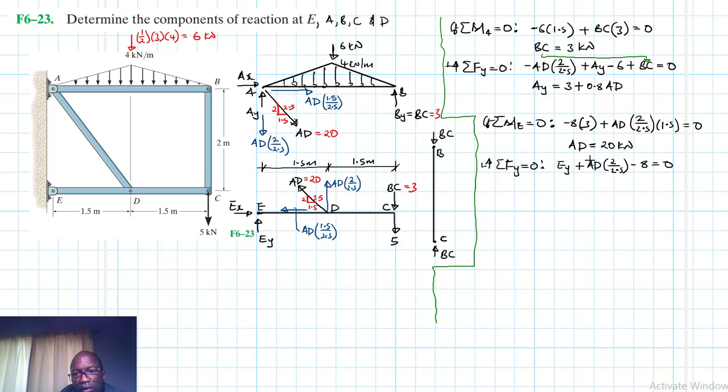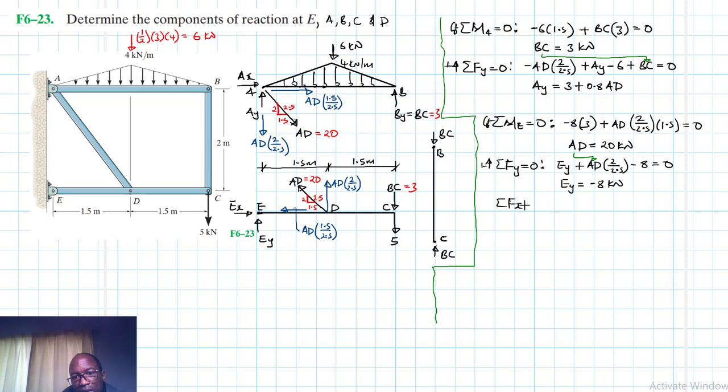We already have what AD is, we just replace it there. And once we do so, then we'll find that our EY is just equal to 20 by 2 divided by 2.5 is 16 minus 8, which is 8. Therefore, this gives us a negative 8 kilonewtons, just direction changes.